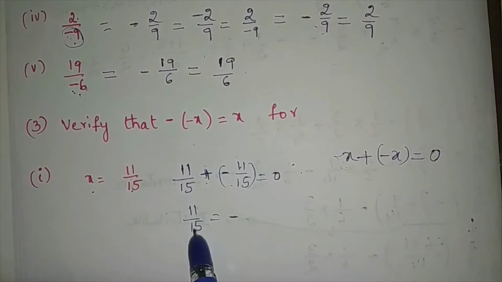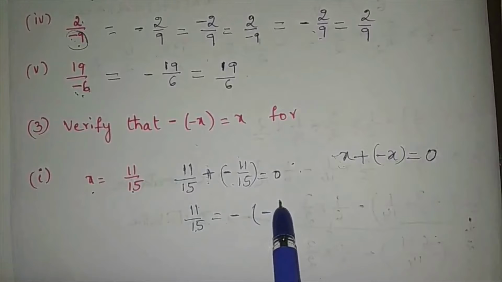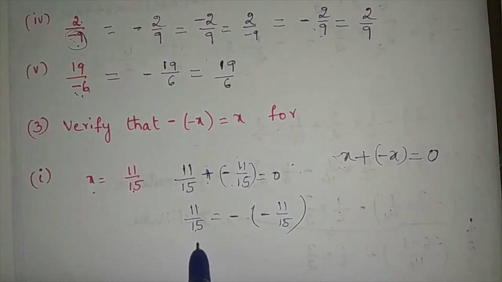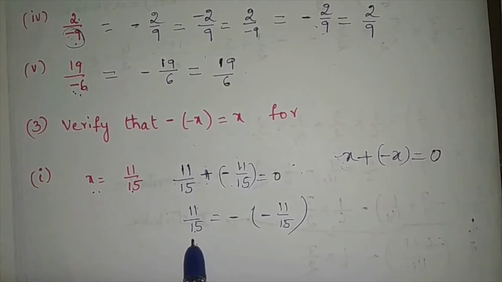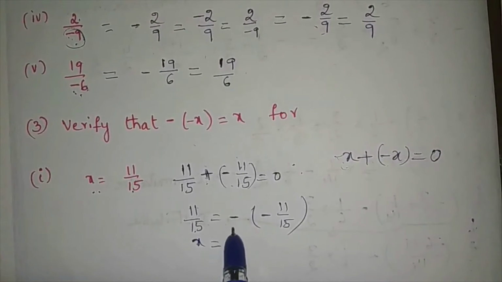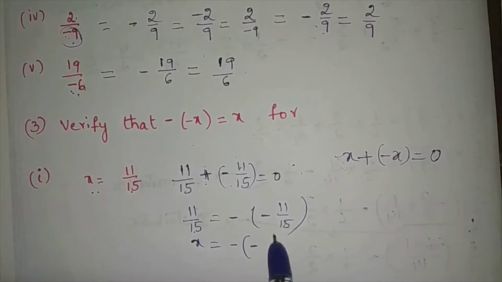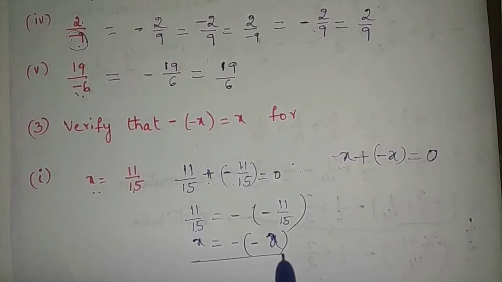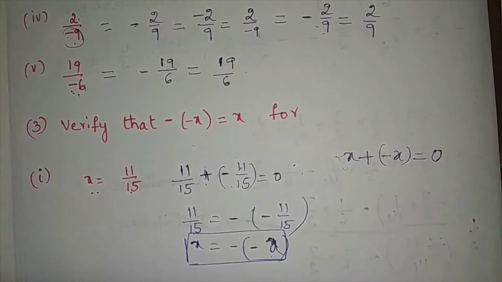So 11 by 15 is equal to minus of minus 11 by 15. Our x is 11 by 15, so x is equal to minus of minus x, verified.